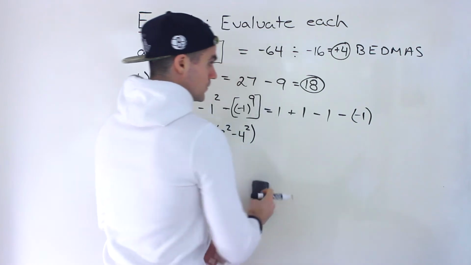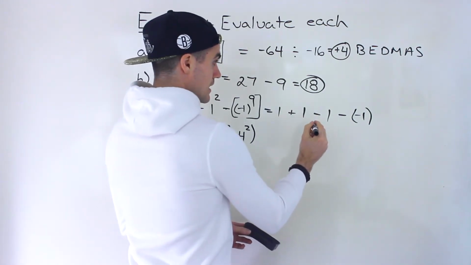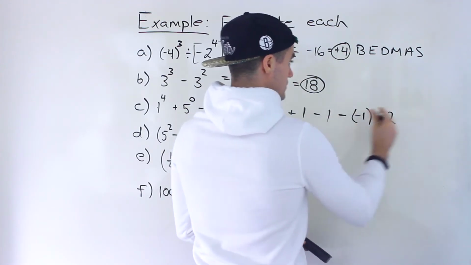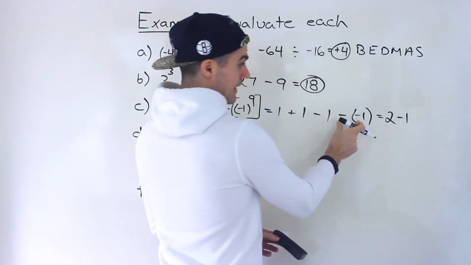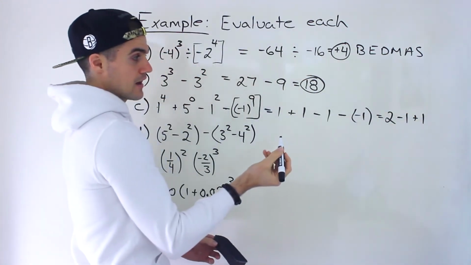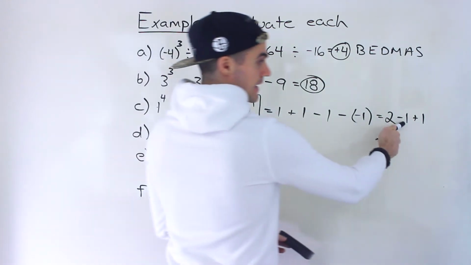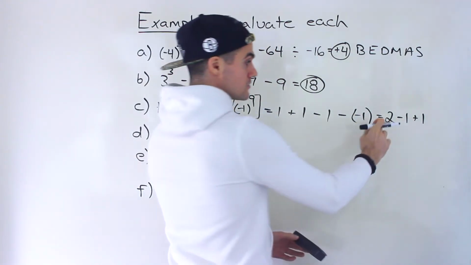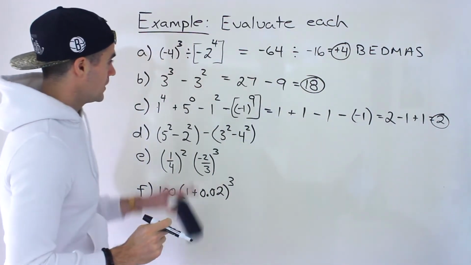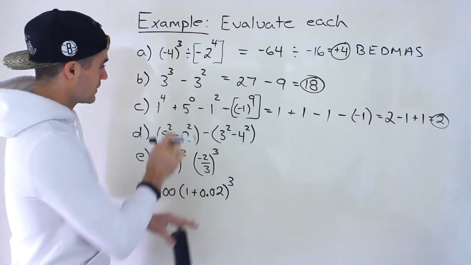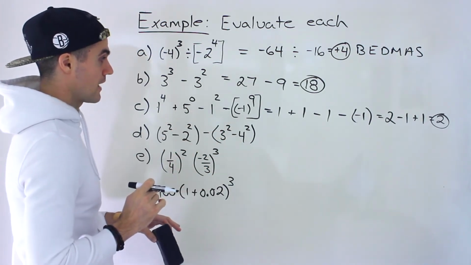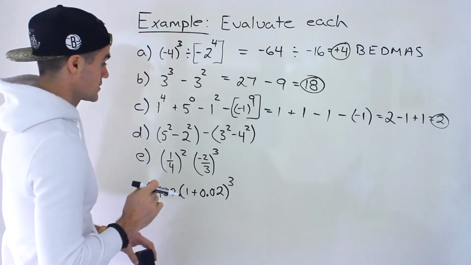Okay, and so we can simplify now. Let's notice 1 plus 1, that would give us 2, and let's rewrite this minus 1, and then negative, negative turns into a positive, like that. And then notice the negative 1 plus 1, that nets out to 0, so we would just be left with a 2. All right, so just be careful when you're going through stuff like this. Make sure that you're doing it in multiple steps if you have to get the correct answer.